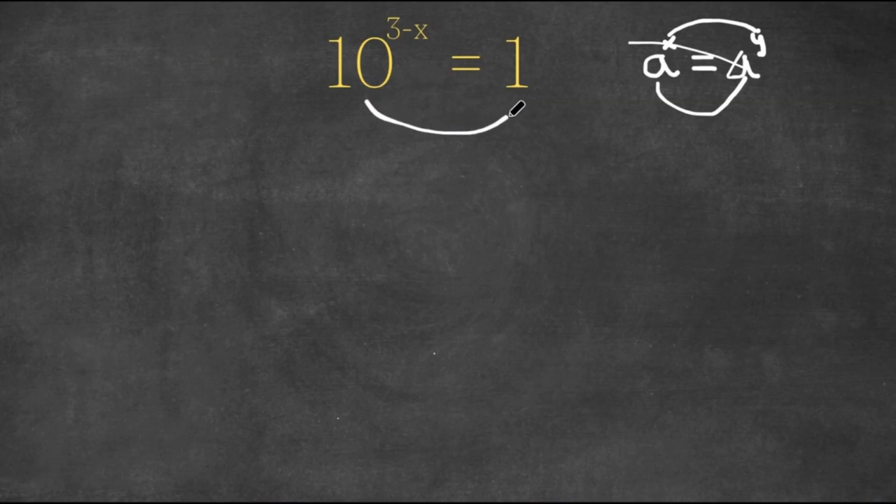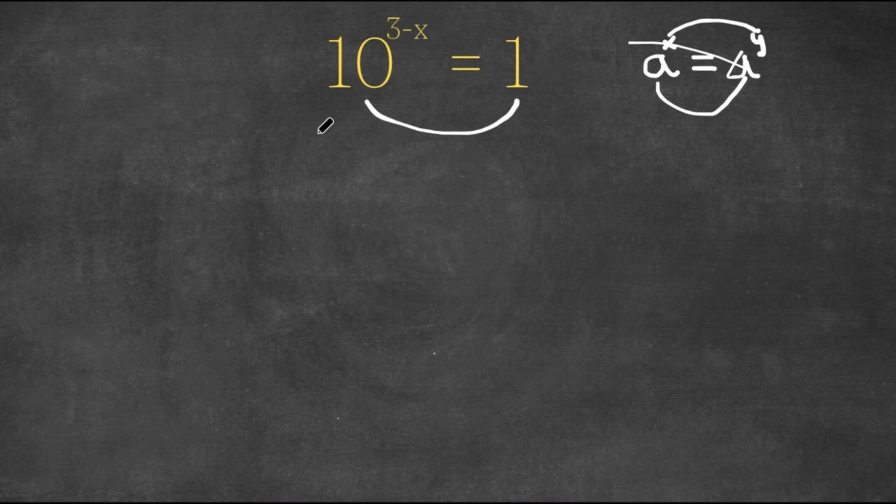So we want to make the bases of 10 and 1 equal each other. That means we have to change one of the bases. We can't really change 10 to be equal to 1, so why don't we change 1? Well, 10 to the power of what equals 1? 0, right?